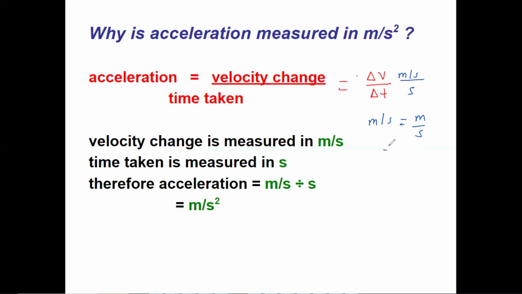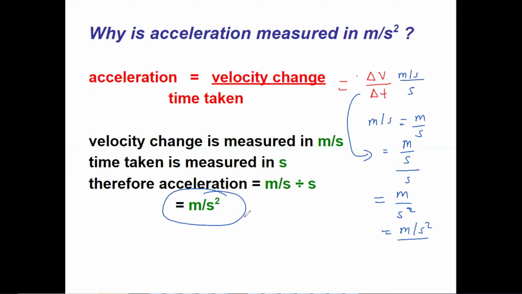Meaning we will have meters per second divided by seconds. This will give us meters over second squared. And therefore, we will write it as meters per second squared. So the unit of acceleration is meters per second squared and is defined as velocity change over time taken.